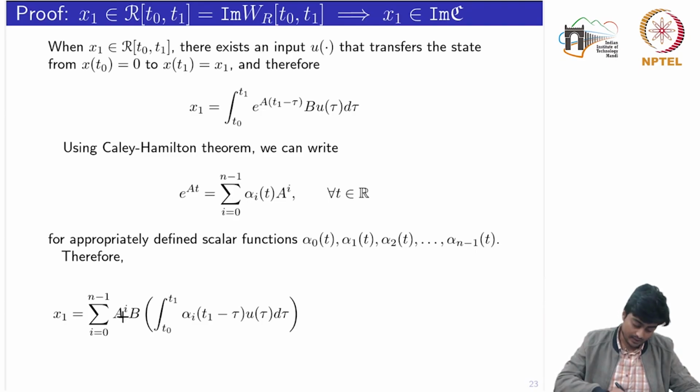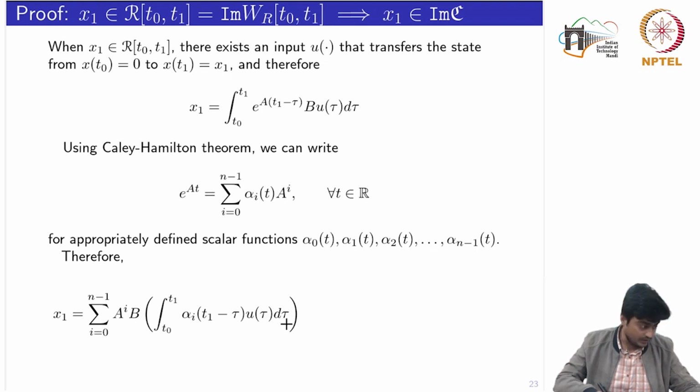I brought A to the power i to the front, and then the B matrix coming from here, and this whole part includes u and these alpha i's. So I directly replaced this exponential term by this term while introducing some scalar functions from alpha naught to alpha n minus 1.